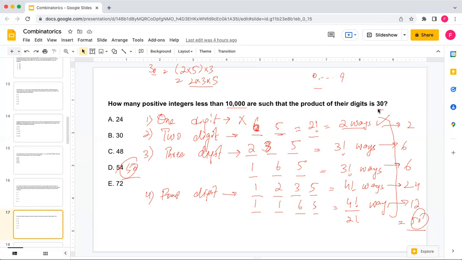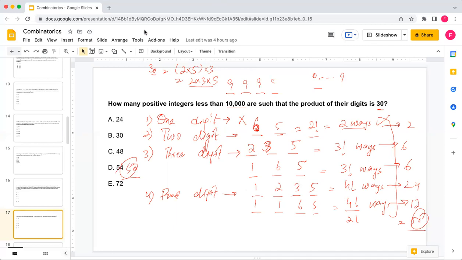So you understood this method. You just need to figure out how many numbers there are such that the product is 30. And one more thing, this is less than 10,000, so the maximum is a 4-digit number. That's why we only look from 1-digit to 4-digit numbers.